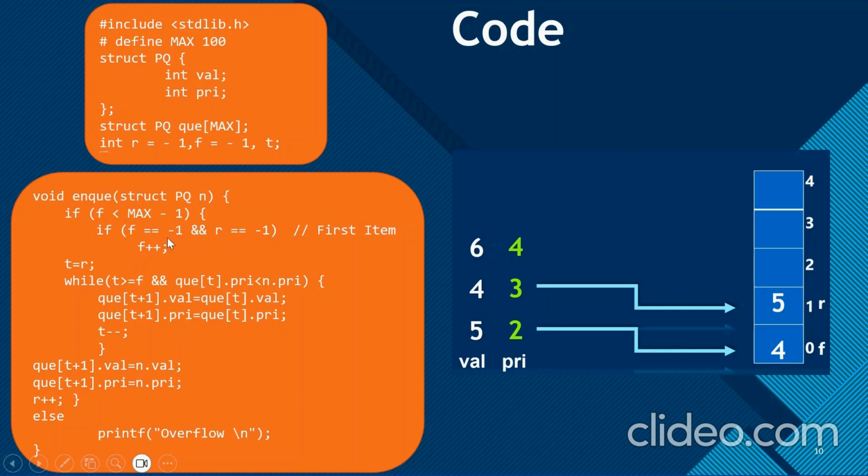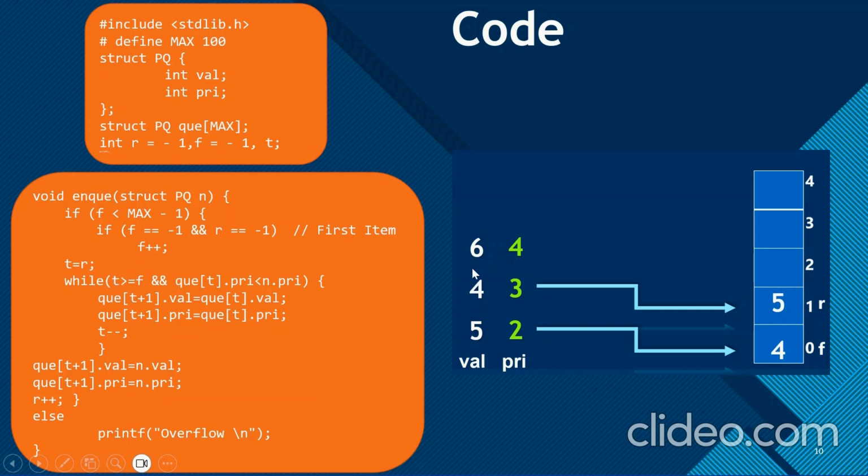In that case, we increment front, as you might have seen in case of the queue implementation in general, right? Other than that, we generally increment the rear pointer. With reference to this diagram, you can see that F is pointing to 0 and R is pointing to 1 because we have only these two elements.